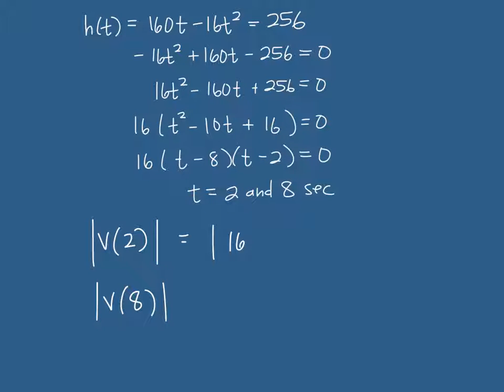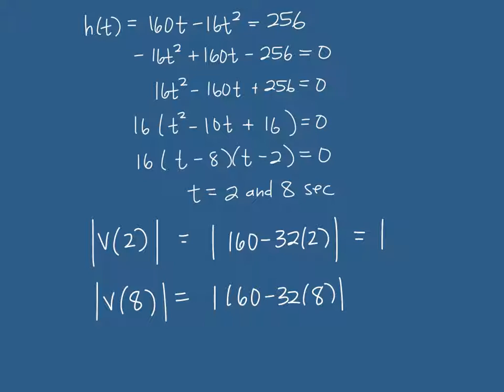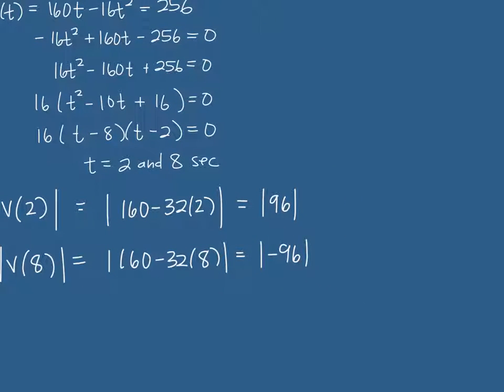My velocity is 160 minus 32 times 2, and also 160 minus 32 times 8. This gives me the absolute value of 96 and the absolute value of negative 96. Both of them have an answer of 96, and the units are feet per second, because speed is always positive.